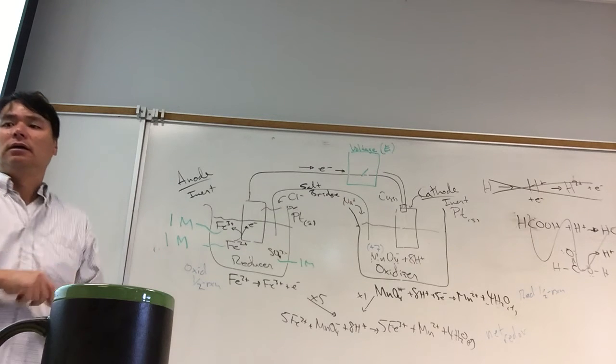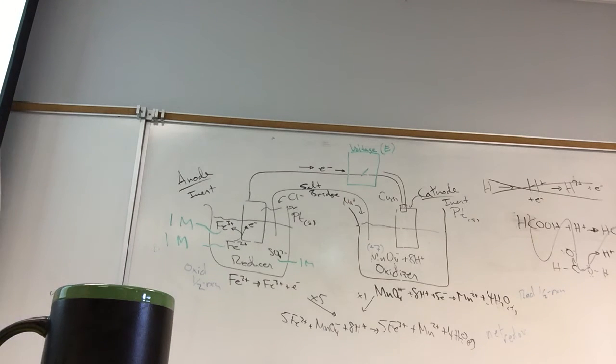Why? We're making it, so why do we have to add it? Well, the reason we have to add it is because we just want one simple table. And that simple table is going to be under standard conditions. Otherwise, we'd have to have a whole bunch of tables with non-standard values. So this is why we add it.